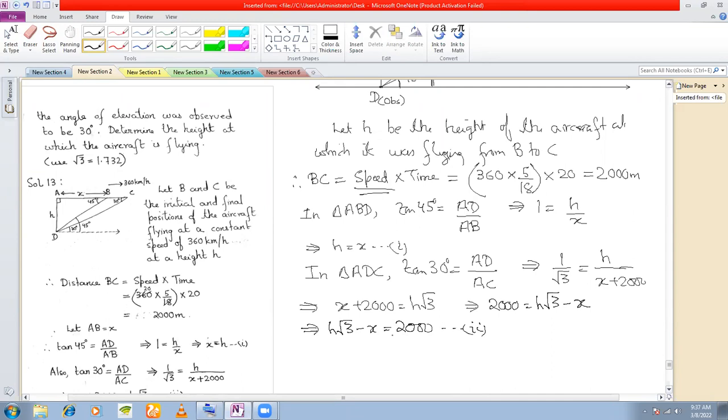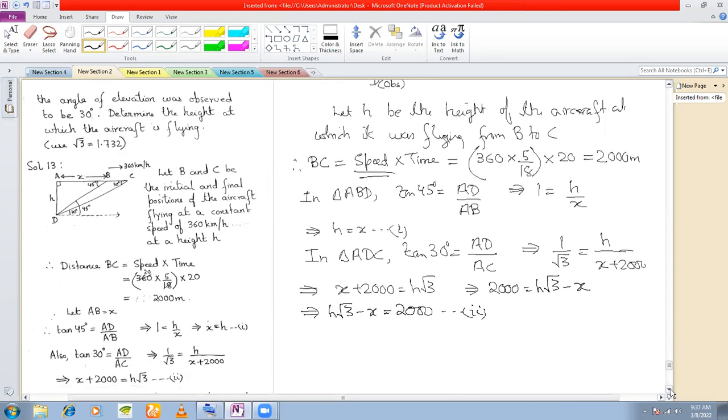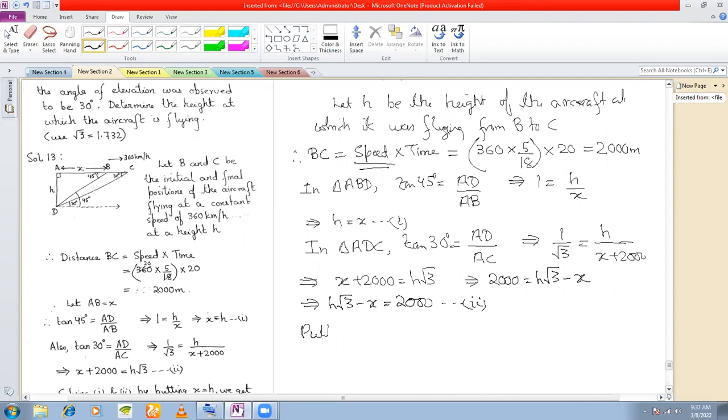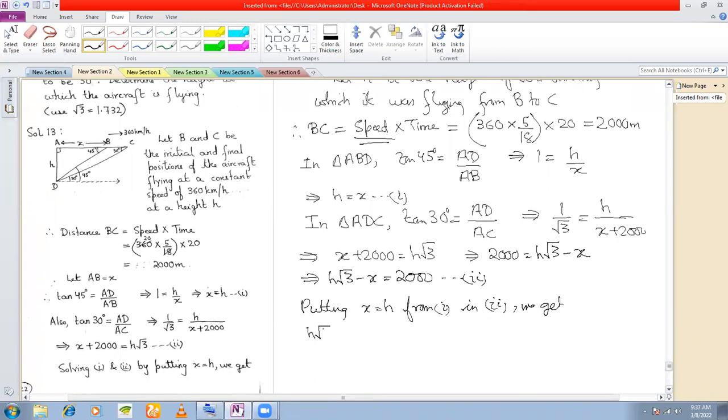Now we are going to solve equations 1 and 2 to get the height of the plane, because we need to calculate H. Putting X is equal to H from 1 in 2, we get H root 3 minus H is equal to 2000. Now you can take H common, you get H times root 3 minus 1 is equal to 2000. So H is equal to 2000 divided by root 3 minus 1.